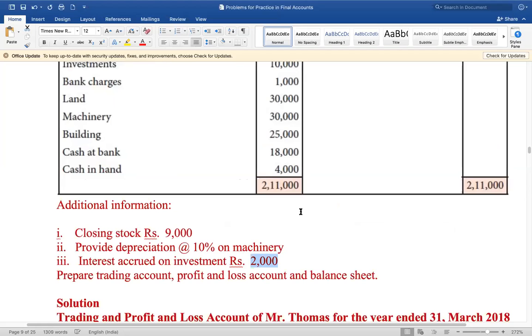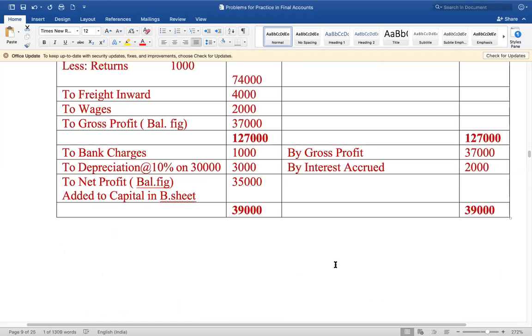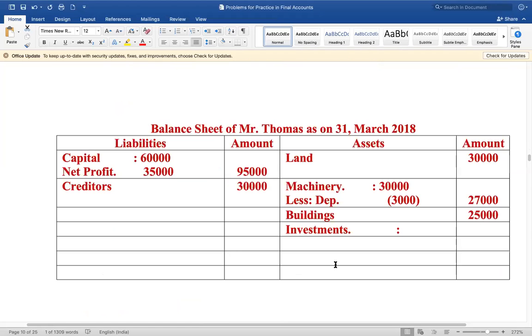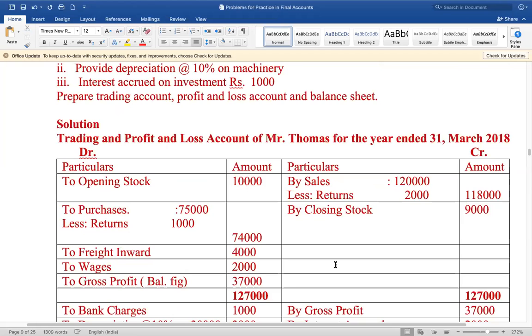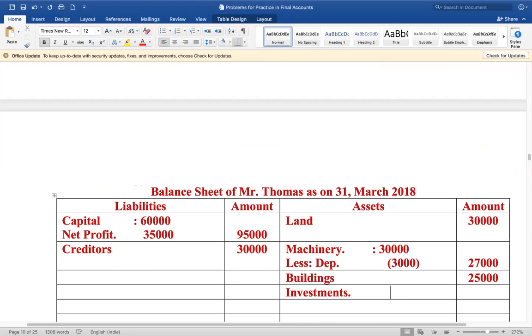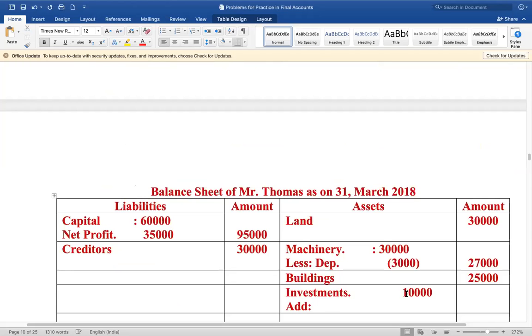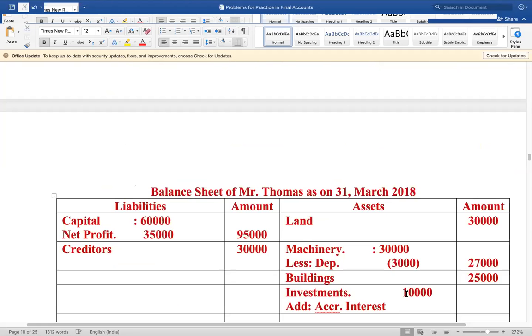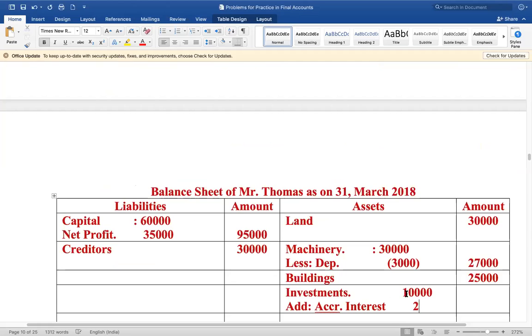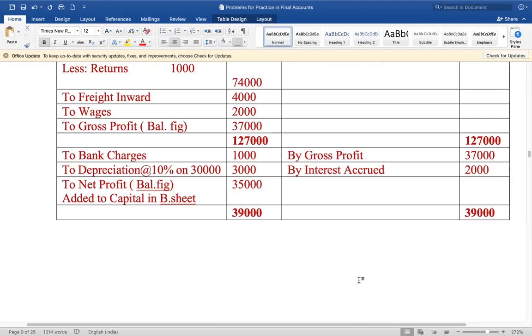Investment is 10,000, and interest accrued on investment is 2,000. So 10,000 is the amount. Add the accrued interest, 2,000. The resulting figure is 12,000.